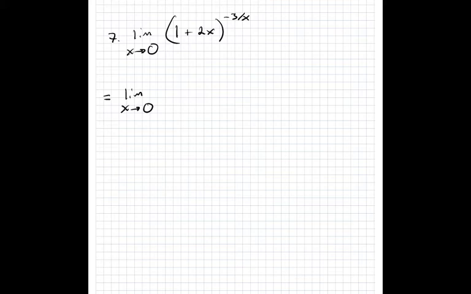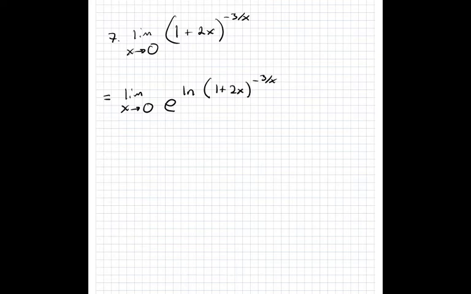Now, if we want to evaluate the exponent, we need to get it out of the exponent. So we can use the property of exponents and logs. This is going to be the same as e to the power of the log of that original expression, 1 plus 2x to the power of negative 3 over x.